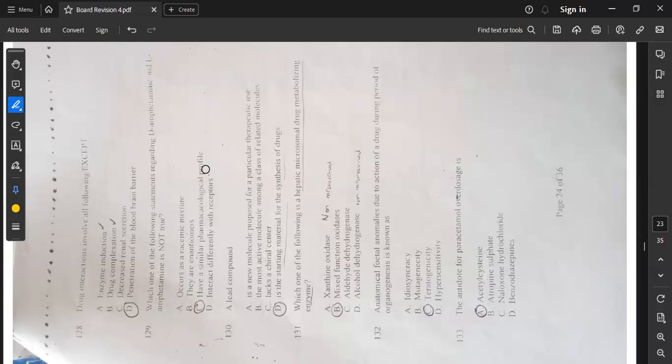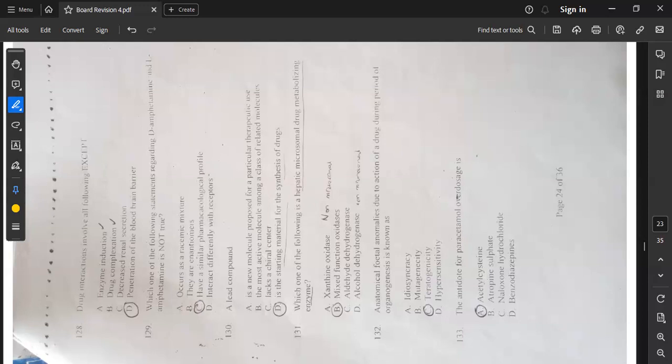Okay, drug interactions involve all of the following except: enzyme induction, drug complexation, decreased renal secretion, and penetration of the blood-brain barrier. So for enzyme induction, if this was not discussed before, we can talk about enzyme inducers and enzyme inhibitors.